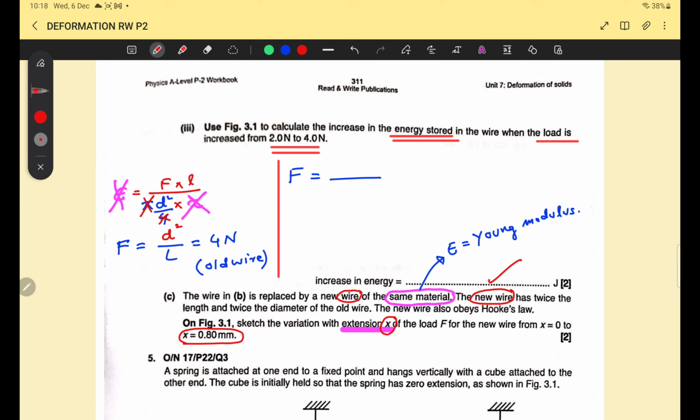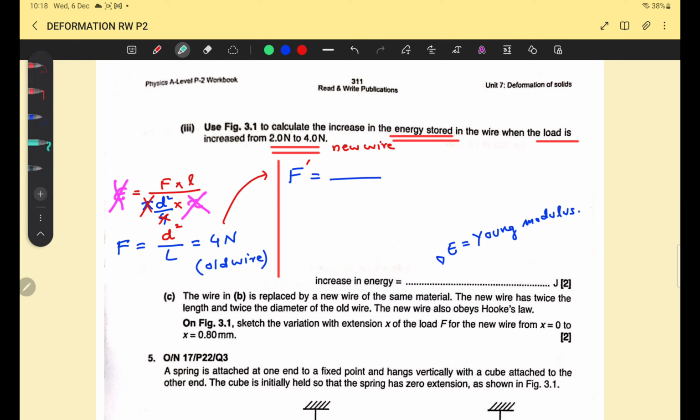Yes beta, now Nandini, I am asking you, for the new wire, what is changed? What is the diameter for the new wire? Beta, read the question. The diameter of the new wire is twice the diameter of the old wire.